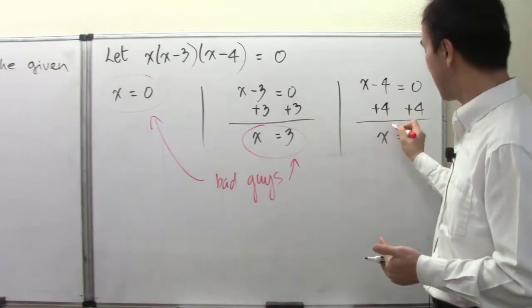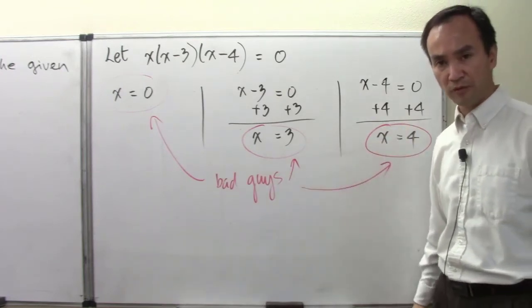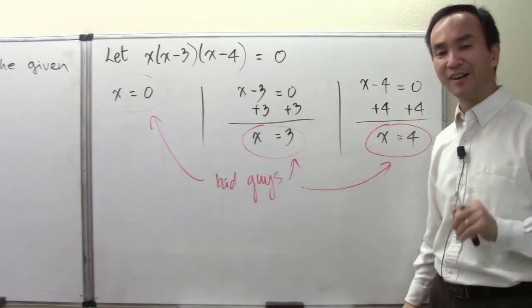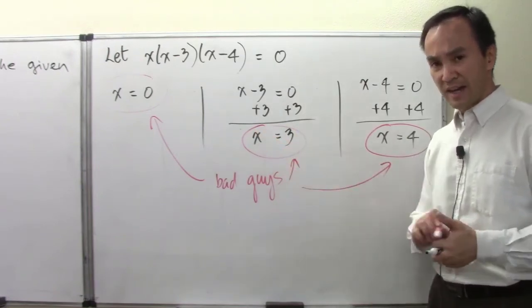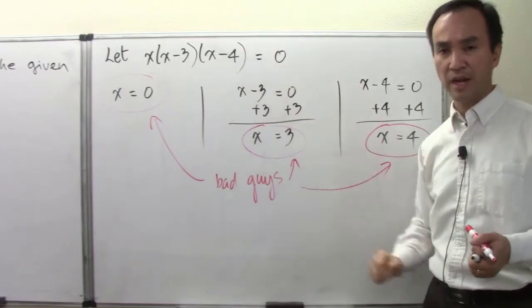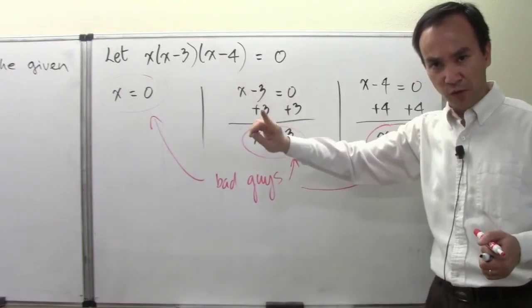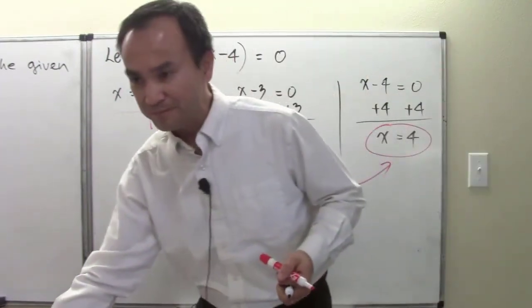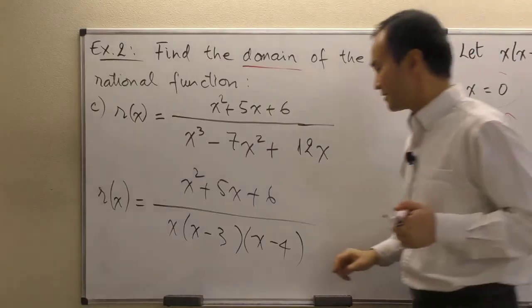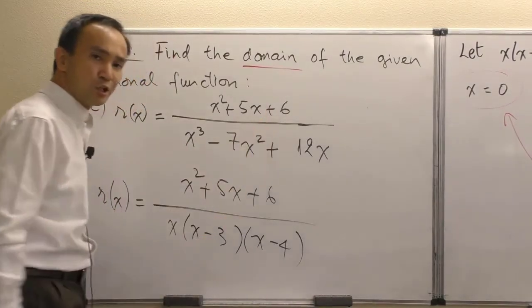This is our third bad guy. So we ended up with 3 bad guys, which we formally call the zeros of our denominator x times x minus 3 times x minus 4, or in general form, x cubed minus 7x squared plus 12x.